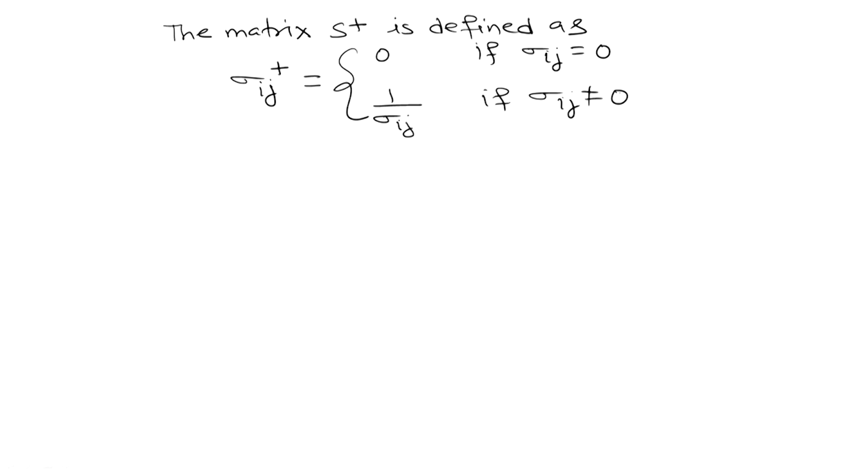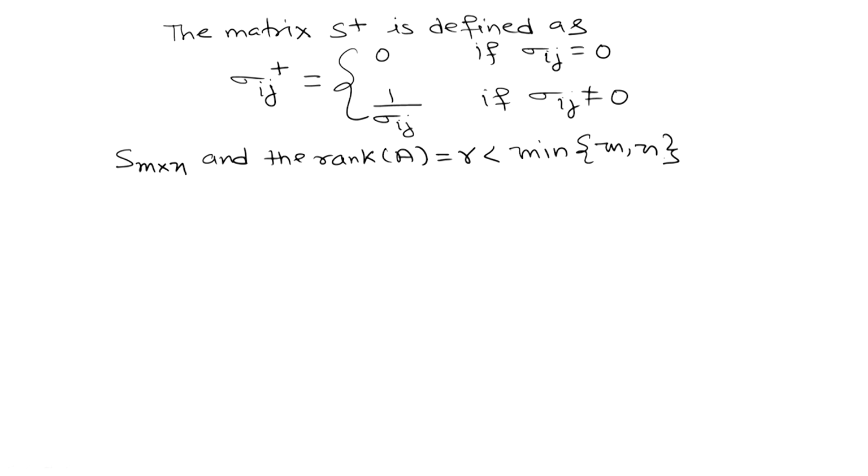So, for example, if you are having a matrix S which is m by n, and the rank of the matrix A is r, r is less than minimum of m and n. So, it will be less than m in case of underdetermined system, and less than n in case of overdetermined system.